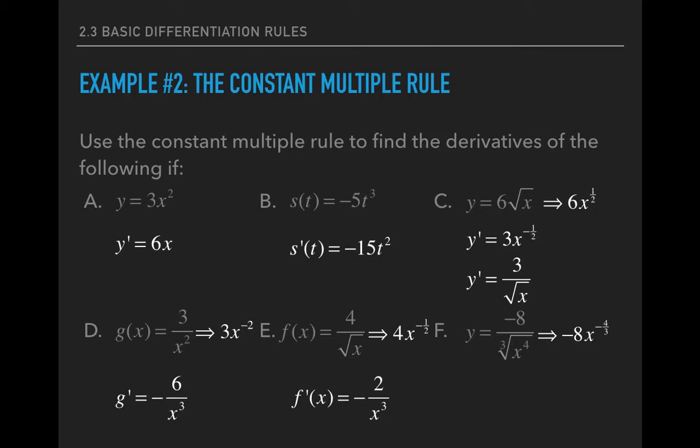Negative 8 times negative 4/3, that is negative 32/3. And you're going to take away 1, so that's like taking away 3/3. 4 minus 3, that's going to be your negative 7/3, which you can put in the bottom so that you're not working with negative powers.